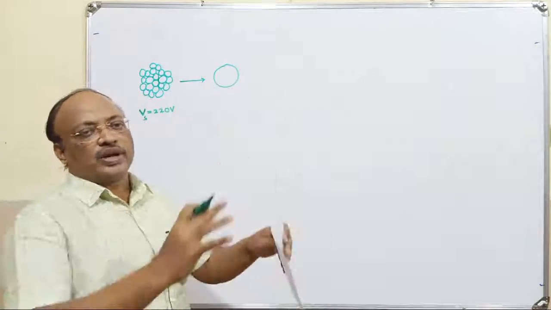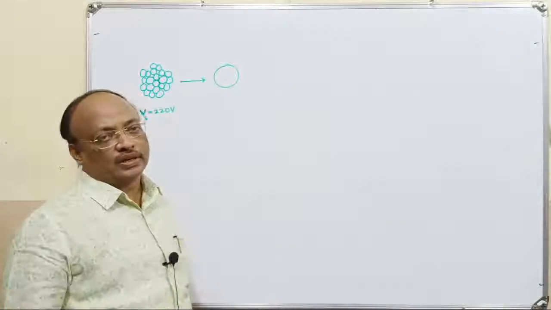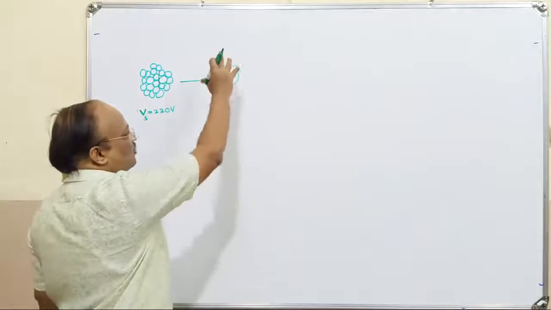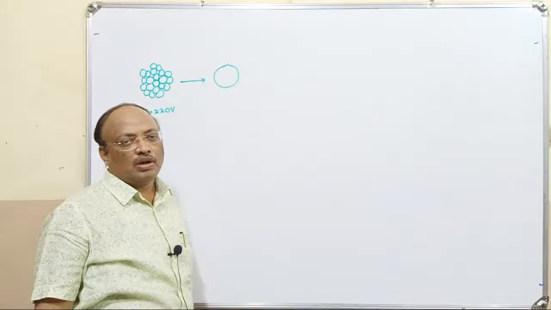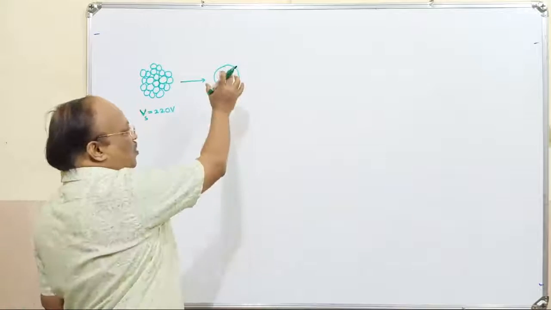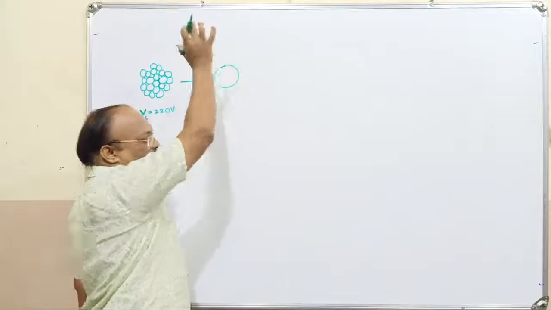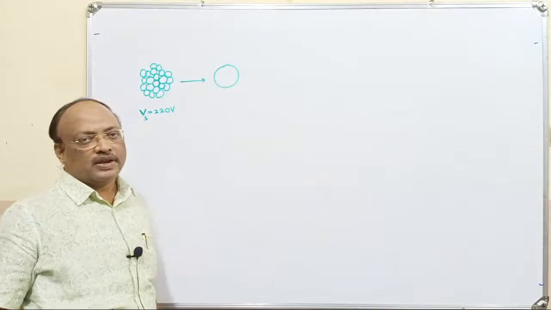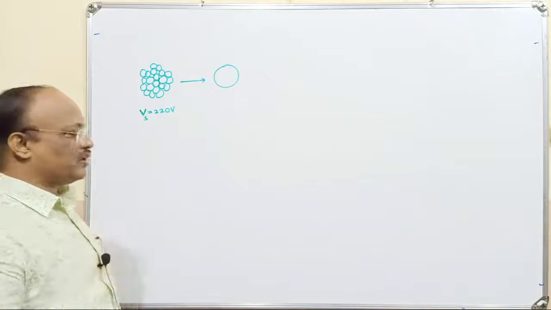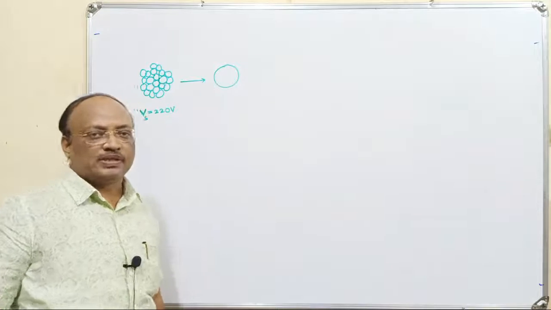They merge together, they coalesce together to form a bigger drop. What is the potential of this drop? They are asking. As I said, one of the important questions as far as the competitive exam is concerned.